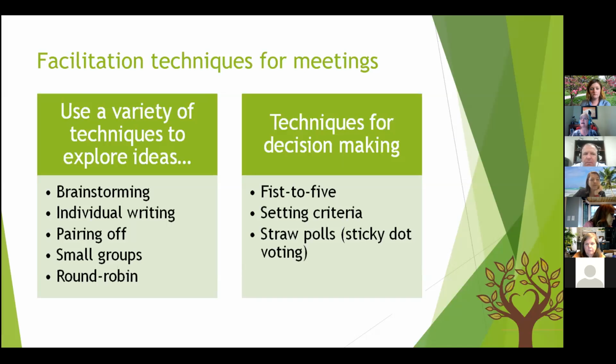So Jacqueline's already gone through the brainstorming technique. You know, she described that earlier when we were talking about effective meetings. And so the trick to brainstorming is to make it visual. So you want to capture those ideas as people are brainstorming up on a flip chart in real time, or you want to capture them on that Zoom whiteboard or some other document that people are viewing online if you're doing an online meeting.